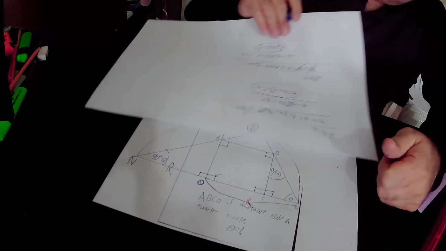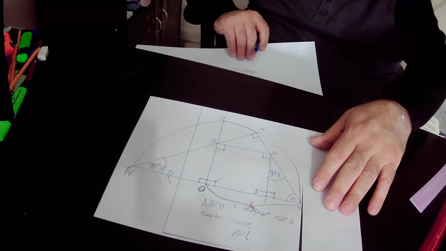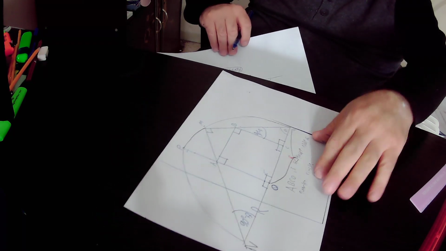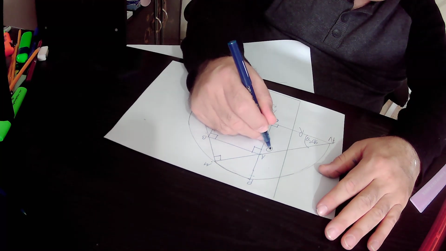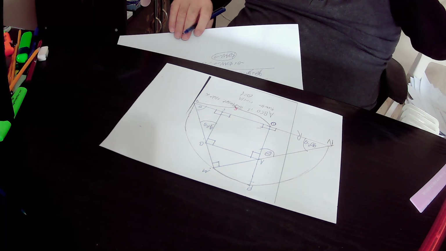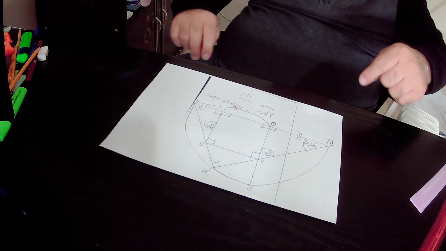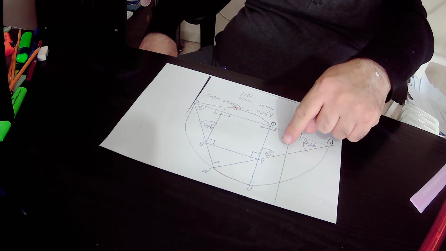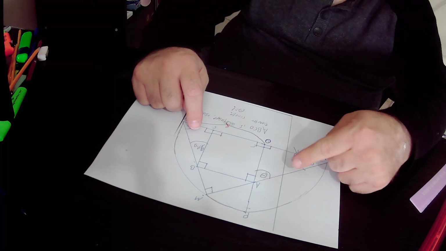The missing angle OAN equals theta. So we actually found out that all the angles of the right triangle AON can relate to all the angles of the right triangle BCQ.